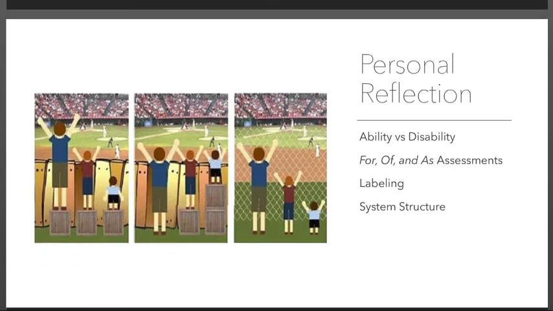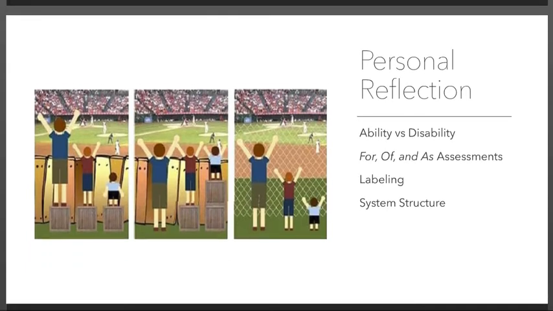And just a general personal reflection, we've all seen that picture there. We saw it earlier in the course, and I feel like I was kind of more the second. And it's amazing how you look at the second, you think, oh, I'm inclusive, right? Every kid can see over the fence in a classroom, but there's a big difference between ability and disability, and giving kids what they need to modify so that they can participate along with every other kid.